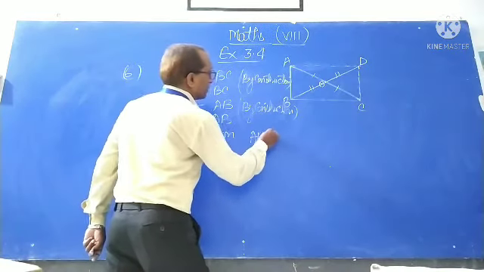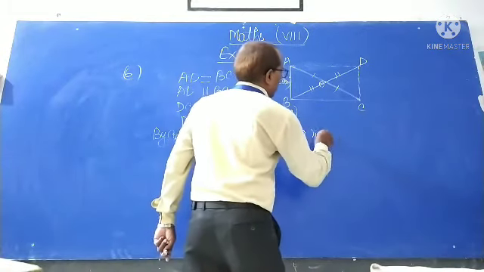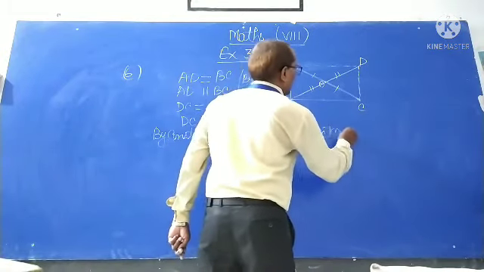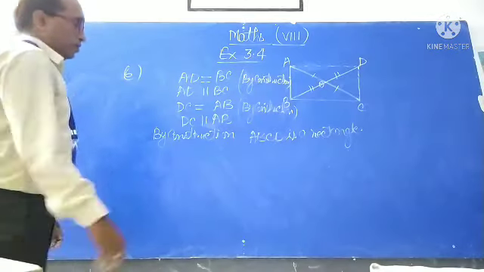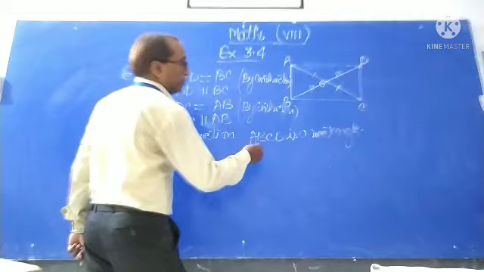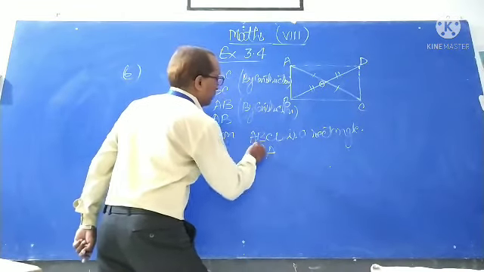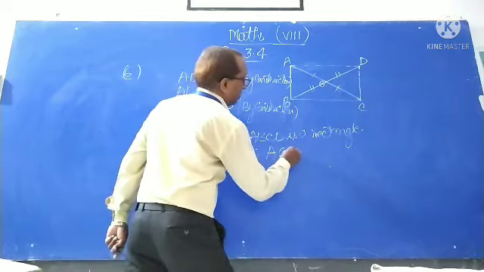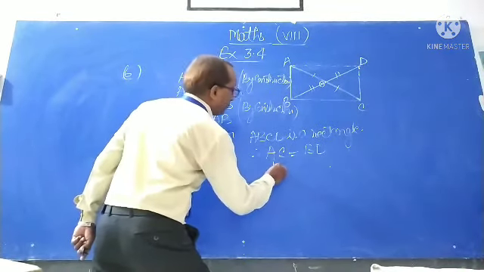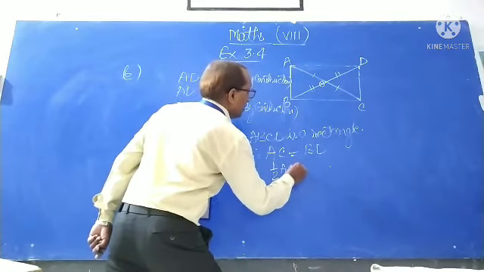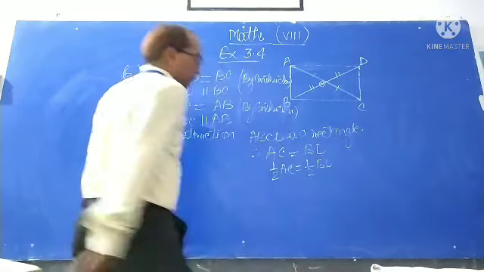By construction, ABCD is a rectangle. Therefore, AC is equal to BD. Half AC is equal to half BD.